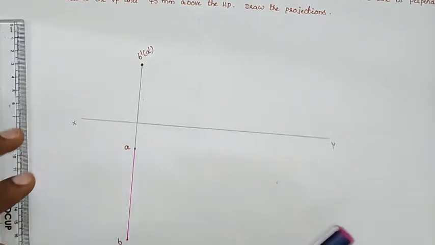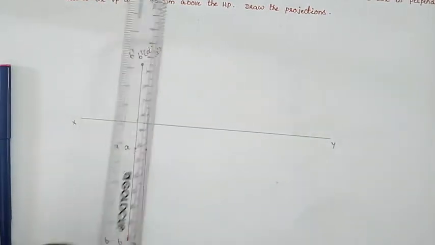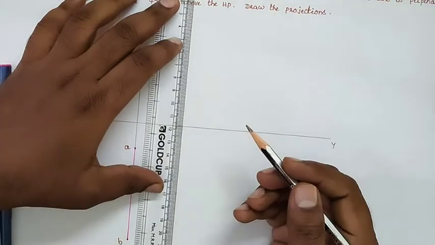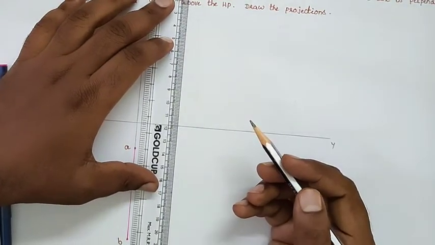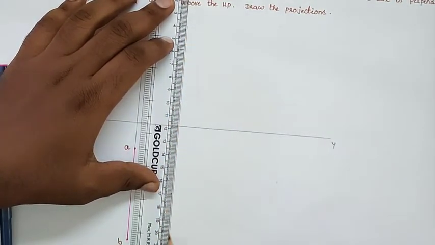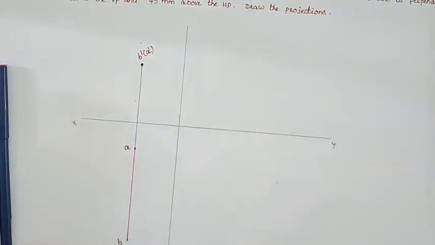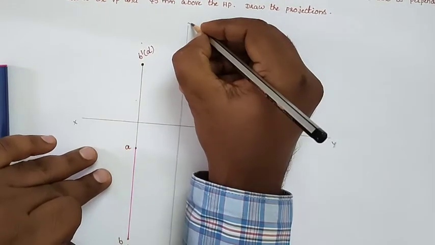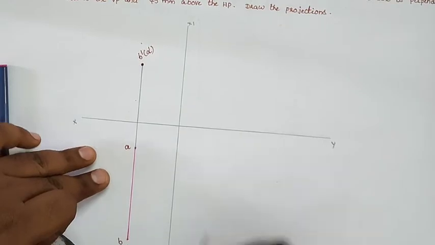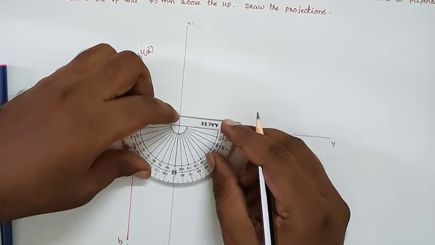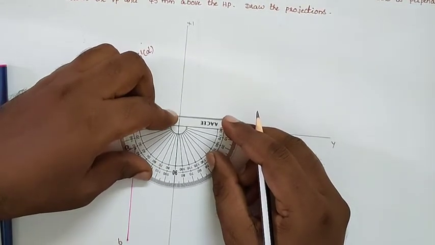After drawing this one, we will draw the side view also. For drawing the side view, we will draw another reference line by taking some distance. Take 10 to 15 mm distance and draw another reference line X1Y1, and draw the mitre line at an angle of 45 degrees.